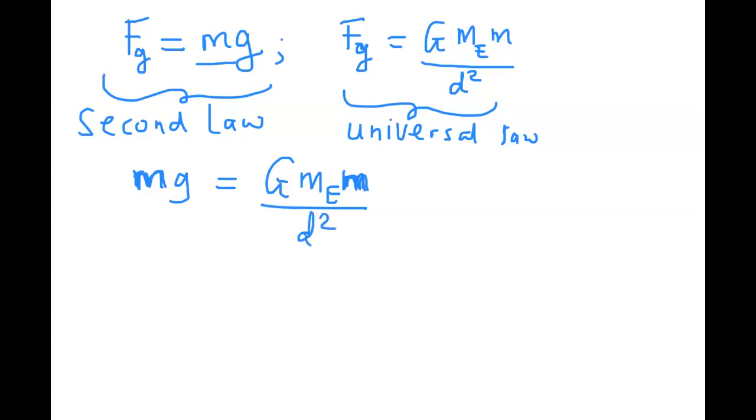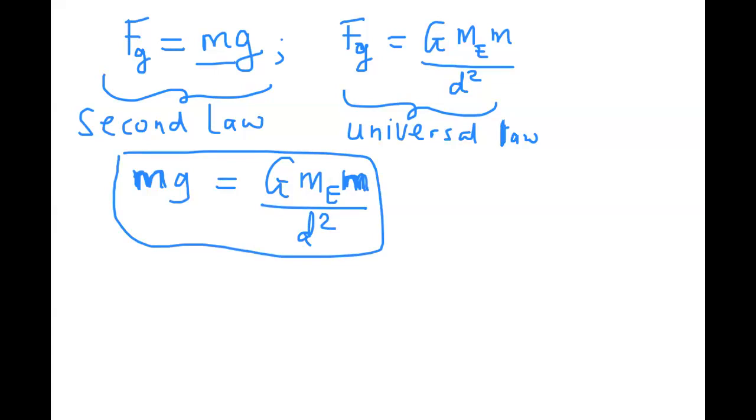This must be true because the second law and the universal law should not contradict each other. Now I can cancel out the mass here. I'll end up with g equal to the universal gravitational constant times the mass of the Earth divided by distance squared.